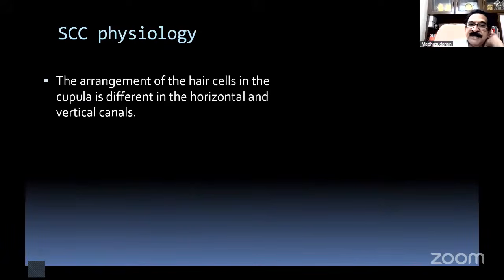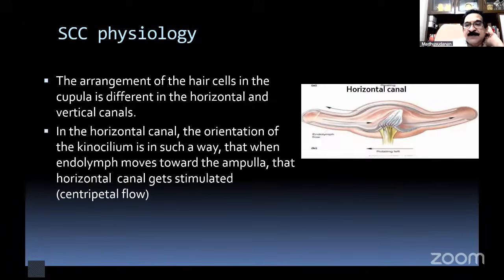Now, the arrangement of hair cells in the cupola is different in the horizontal and vertical canals. In the horizontal canal, the orientation of the kinocilium is such that when the endolymph moves towards the ampulla, the horizontal canal gets stimulated. If it's the horizontal canal, when the flow is towards the ampulla or the crista, that canal is stimulated.